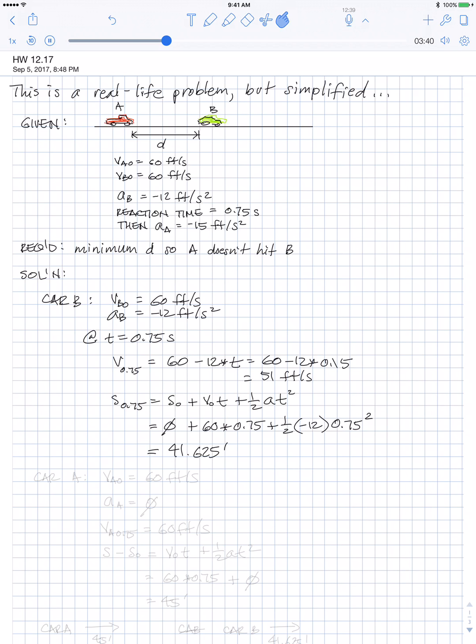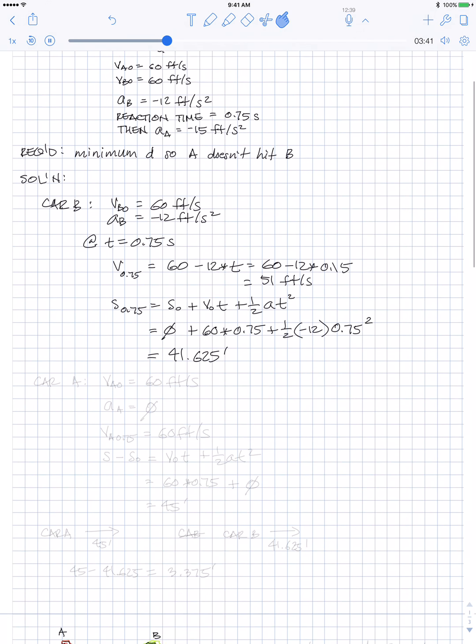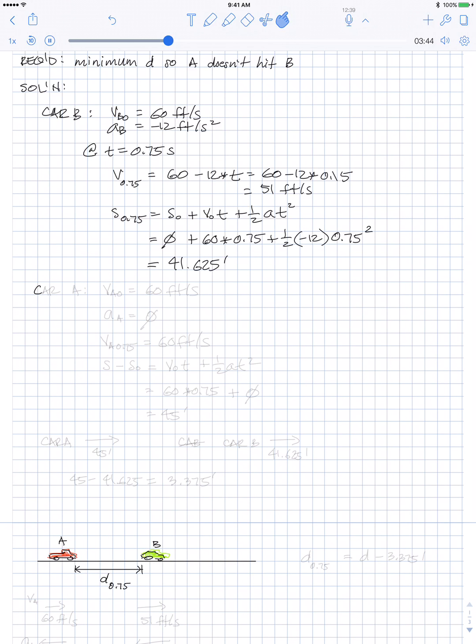Now let's figure out how far car A has gone forward in this 0.75 seconds. Its initial velocity is also 60 feet per second, but the acceleration of car A for the first 0.75 seconds is 0 because the driver hasn't quite stepped on the brakes yet.